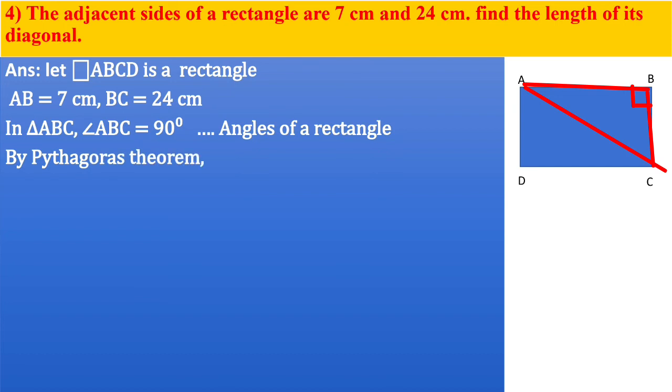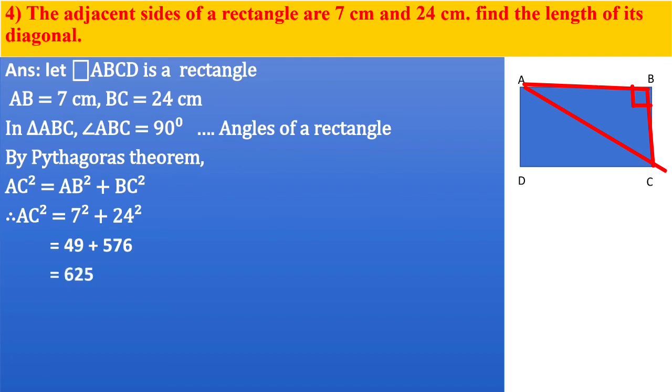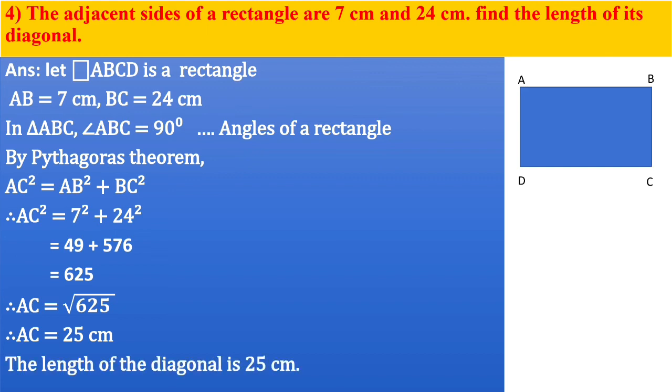By Pythagoras theorem, square of AC equals square of AB plus square of BC. Substitute the value of AB and BC. Square of 7 is how much? 49. Square of 24 is 576. Addition of this is 625. Now square root of 625 is how much? 25. Therefore AC is how much? 25 centimeter. So the length of the diagonal is 25 centimeter.